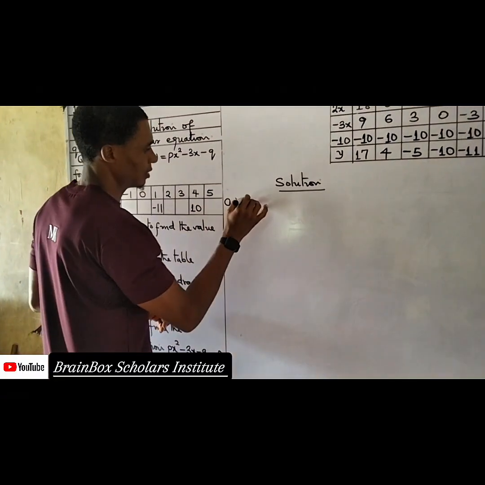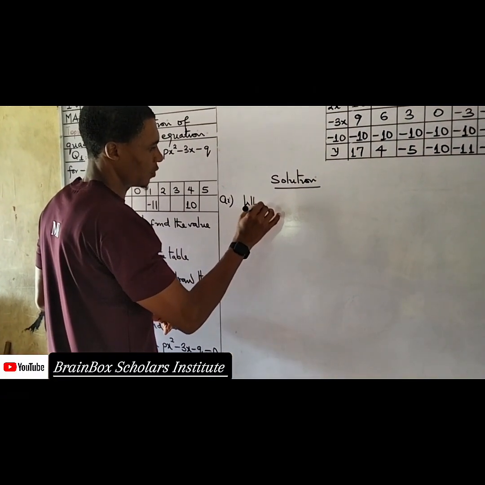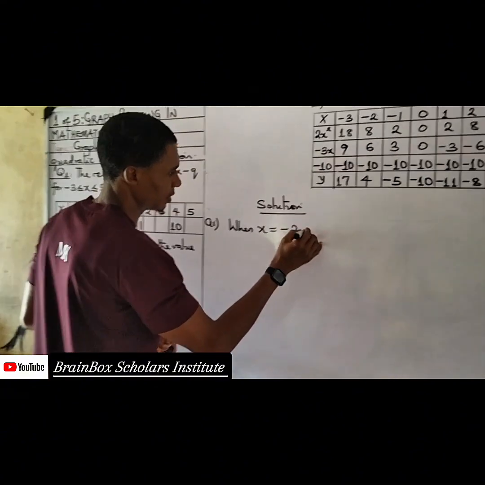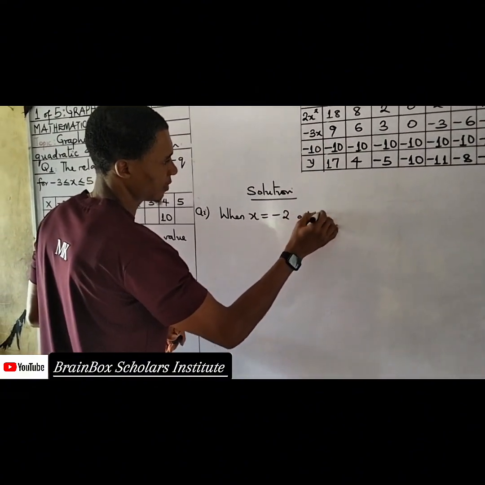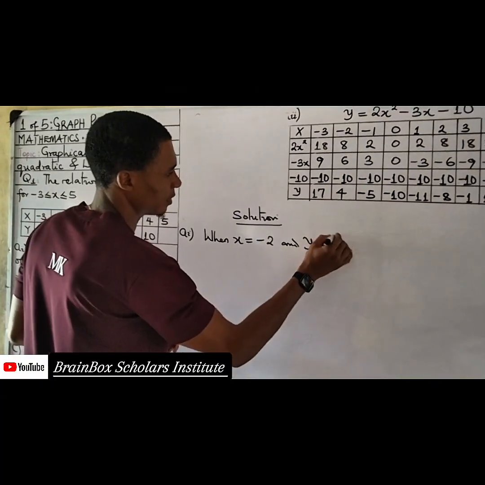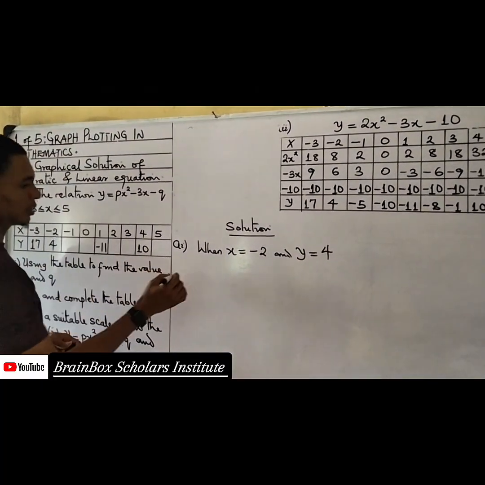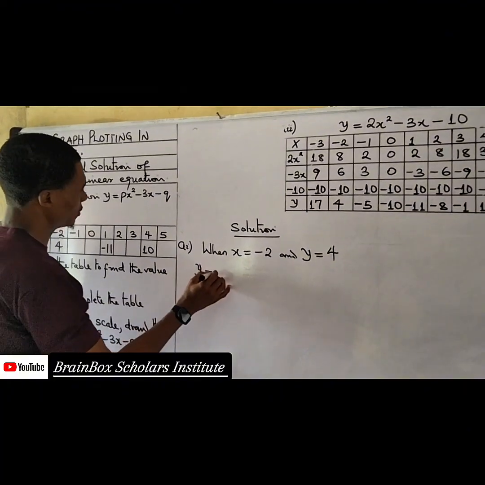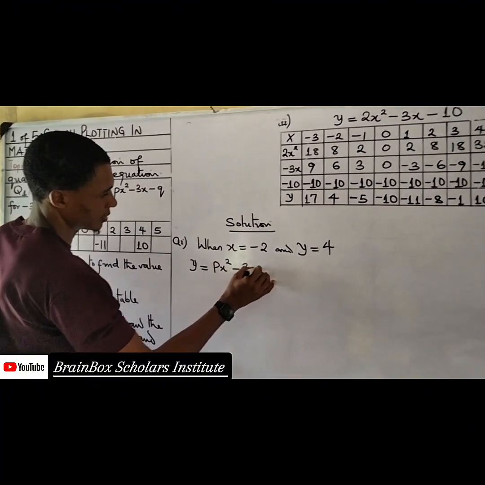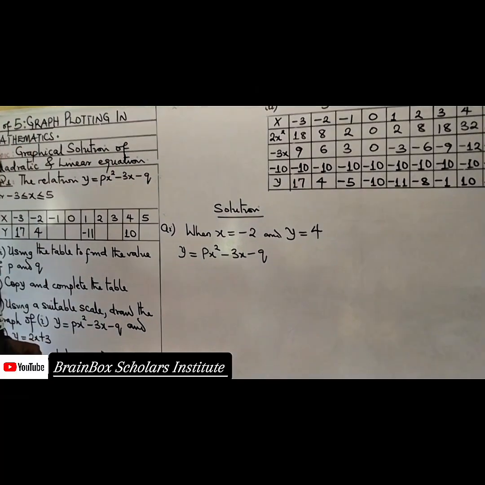So I say when x is minus 2 and y is equal to 4. Okay? And the equation says y is equal to ps squared minus 3s minus q.